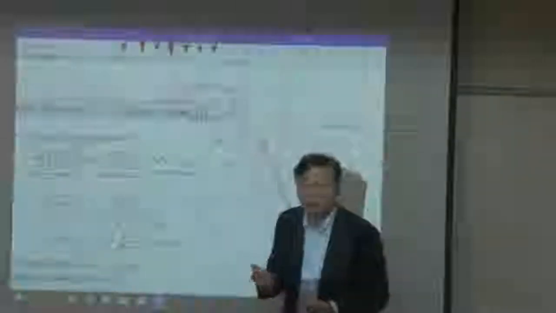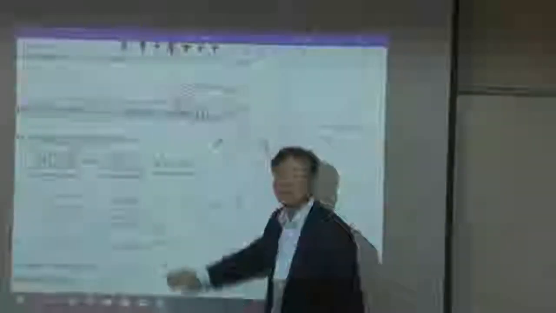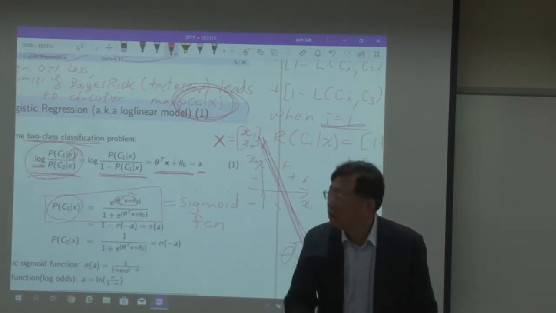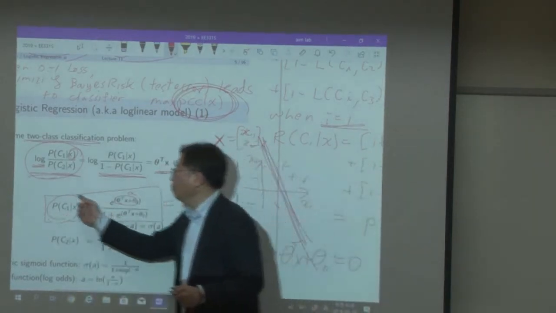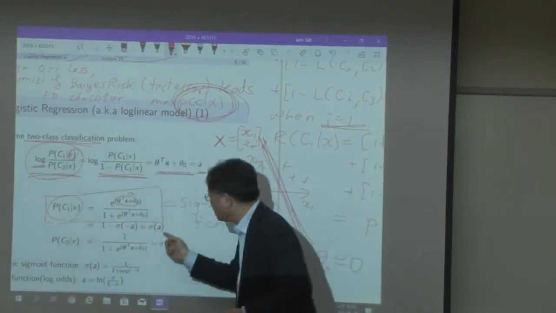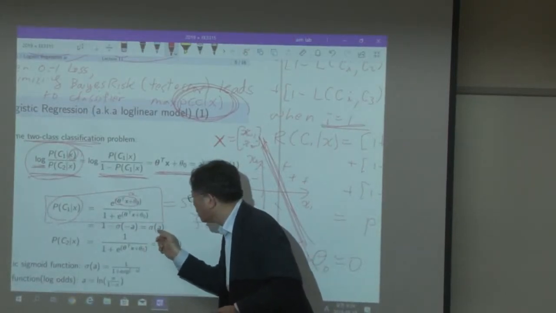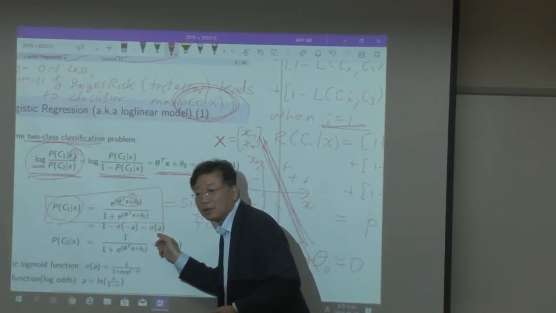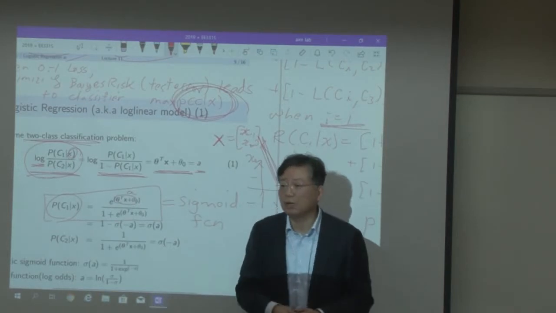I think I defined what a sigmoid function is before. So if the conditional probability of one of them is a sigmoid function, then what is the decision boundary? When I model this conditional probability as a sigmoid, where the exponent is a line, what is the decision boundary?